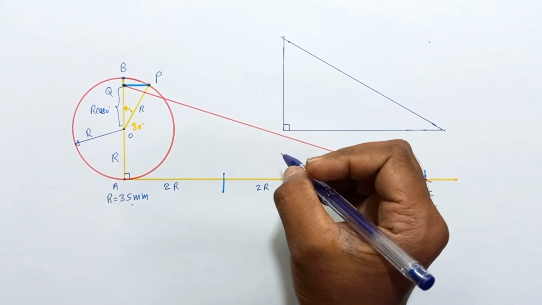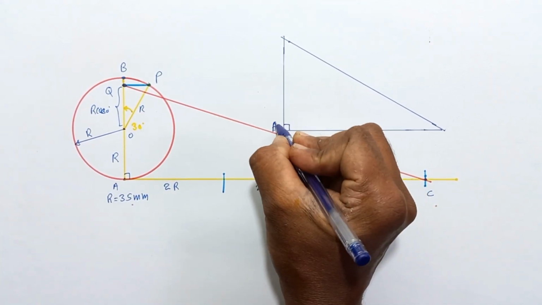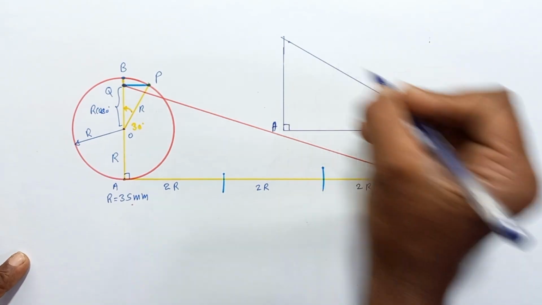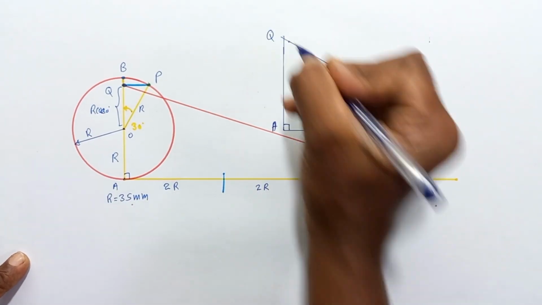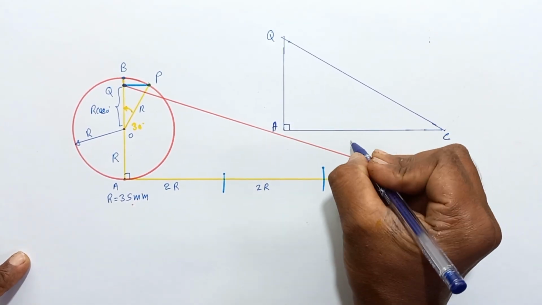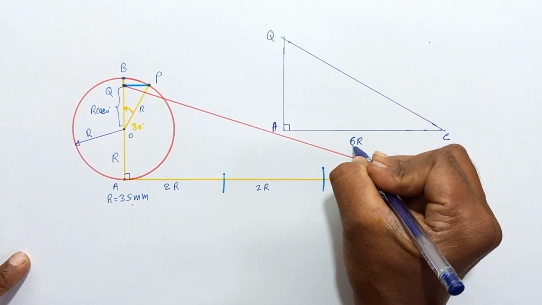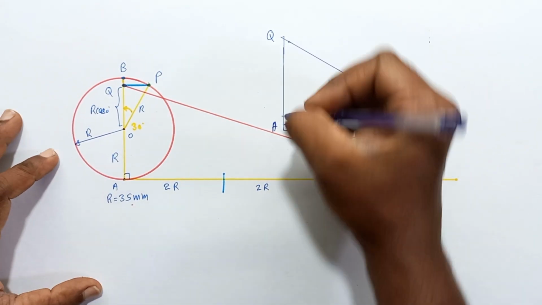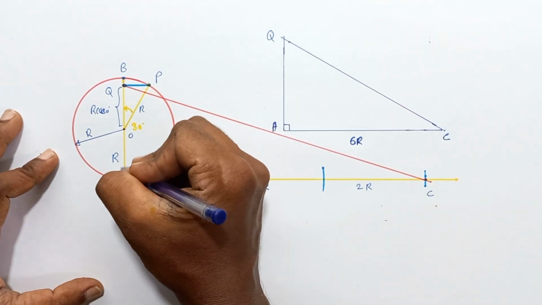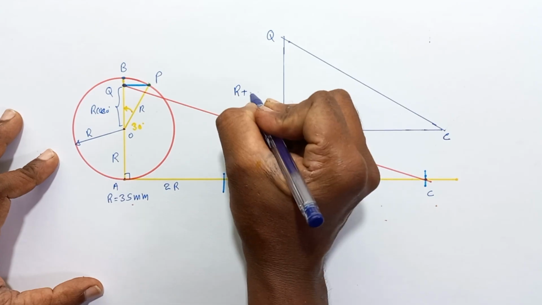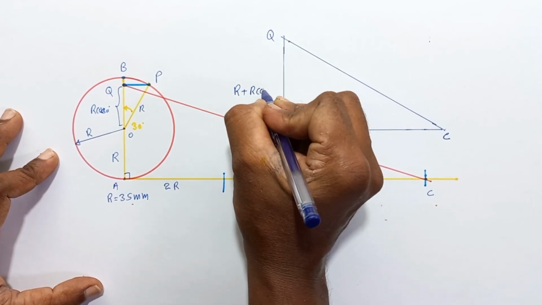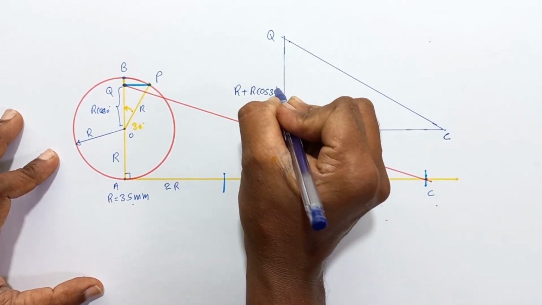Let's take this point as A, this is C, then this is Q. Then what is this length? AC length is equal to 6r. Then what is this length? r plus r cos 30 degrees.